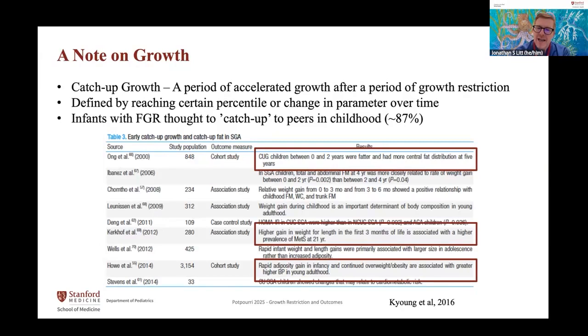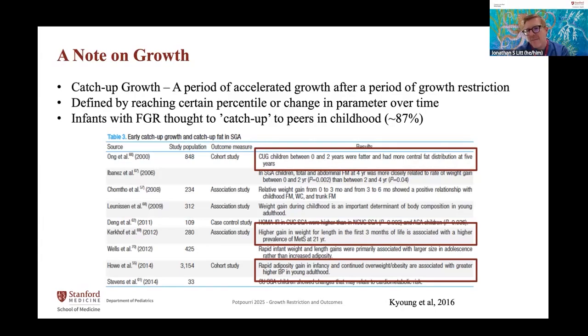We know higher weight gain in weight for length in the first 3 months of life is associated with higher prevalence of metabolic syndrome in early adulthood. And rapid adiposity gain in infancy and continued overweight and obesity are associated with, of course, greater blood pressure in young adulthood.